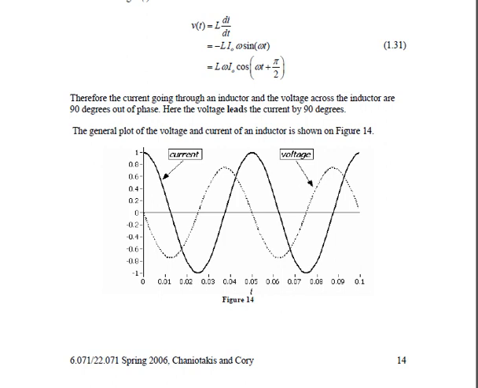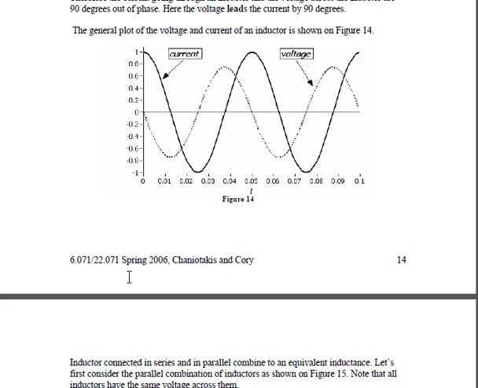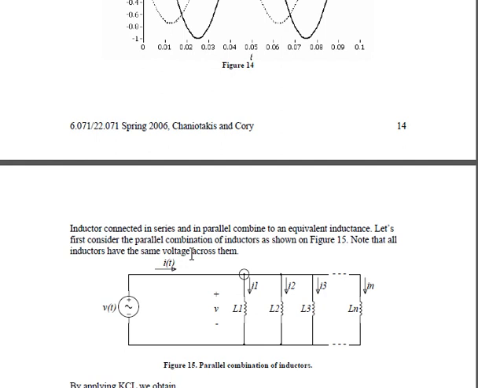But all in all, they have the same effect, so they can all be used in an application where there will be an AC, or alternating current, source supplying them.